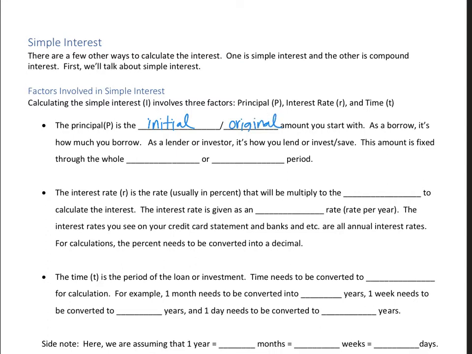So that's how much you're borrowing, basically. As a borrower, it's how much you borrow. As a lender or investor, it's how much you lend or invest. That's the original amount. This amount is fixed throughout the whole loan period or investment period.